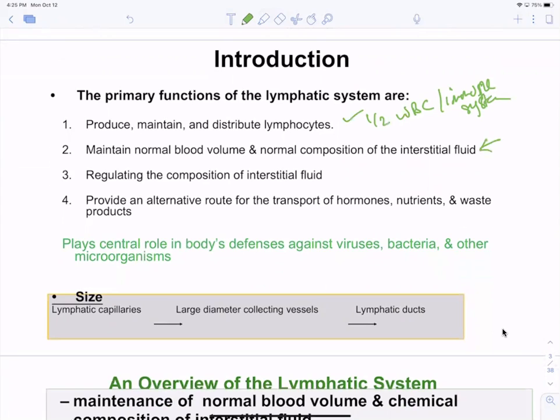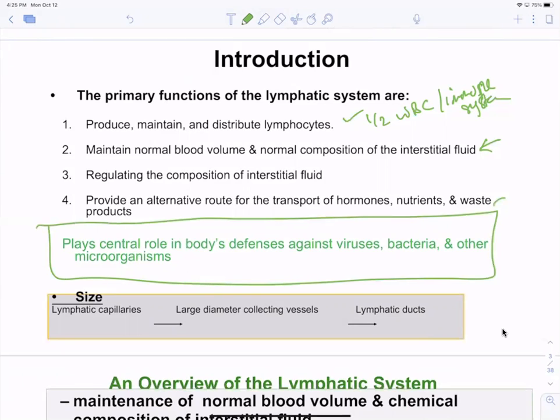Because your lymph fluid is originating from the interstitial environment, and so it's helping keep fluid moving back into the circulatory system that might not make it back in the venous end of a capillary bed, and also can help regulate the composition of the interstitial fluid, or the fluid surrounding the cells. It's an alternative route for hormones, nutrients, waste products, but really the main role is immune defense, right?